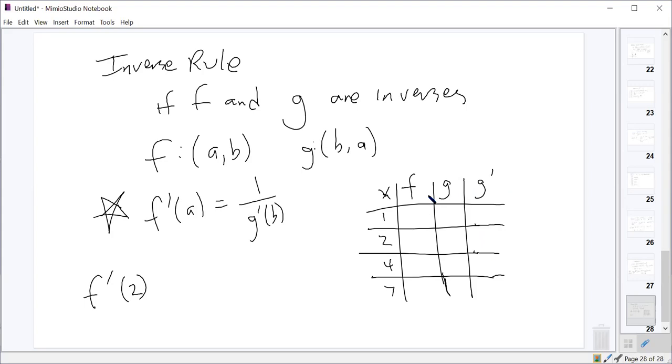Let's put some stuff in here. Let's put in a 3. Let's put in a 5. Let's put in a 6 and a -2 here. That's not too good.